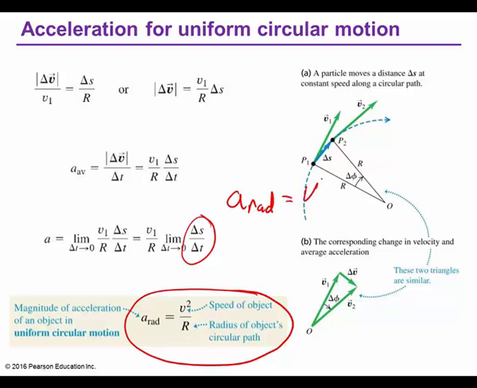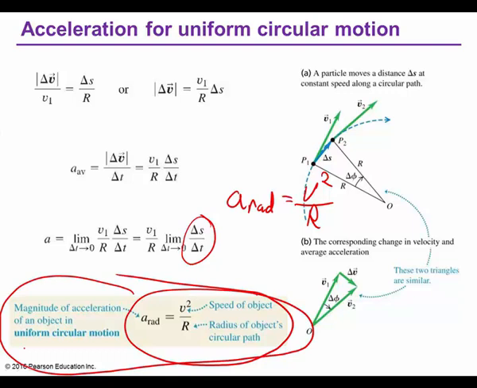It is the velocity squared divided by, now notice they use a capital R, the radius of its circular path. So please remember that. Please write it down and label it: magnitude of acceleration of an object in uniform circular motion. And that is the key. Uniform circular motion, not non-uniform, in other words, changing speed. All right. Any questions?